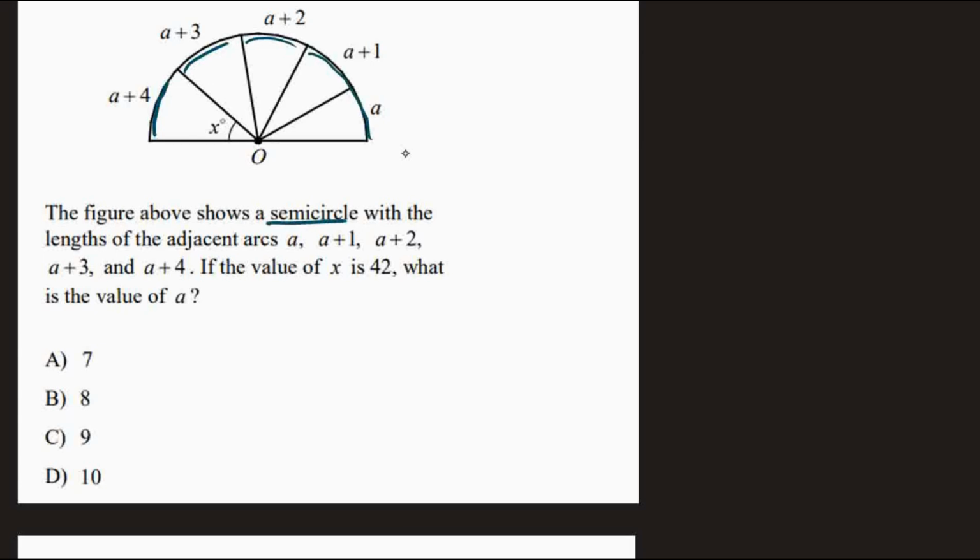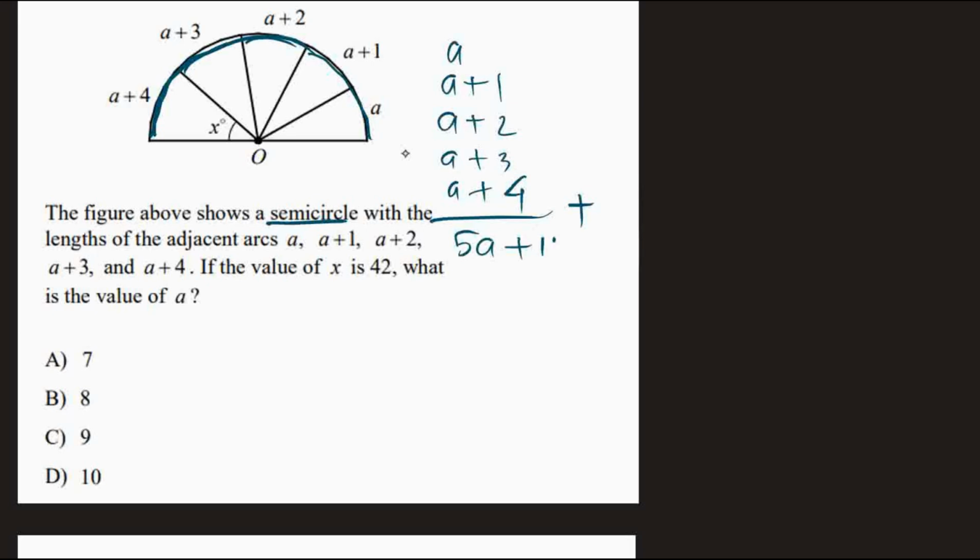We just have to count the length of the circumference of the semicircle, that is a plus a plus 1 plus a plus 2 plus a plus 3 plus a plus 4. Altogether, it is 5a plus 1 plus 2 plus 3 plus 4, which is 10.